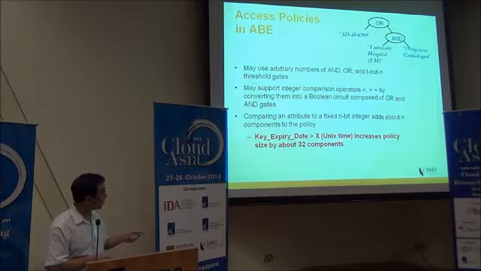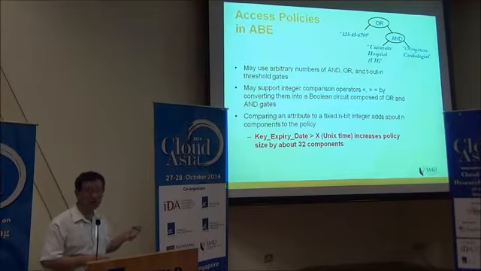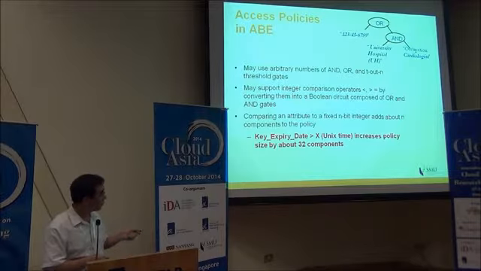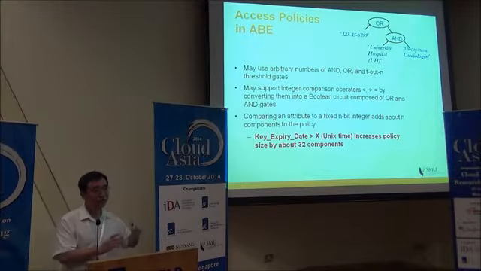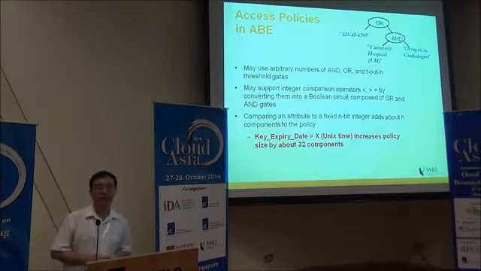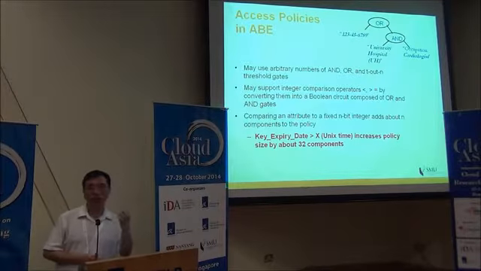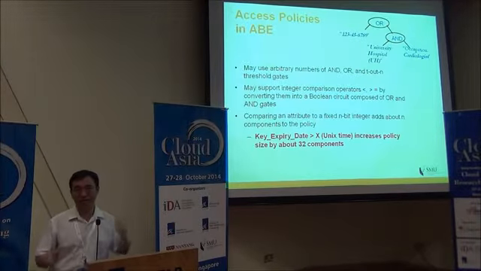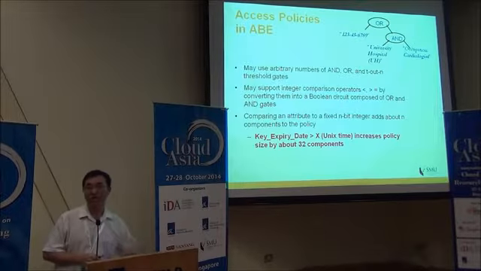Unix time is expressed in 32 bits, and if we support this, our tree will have an additional 32 nodes. So with 2 comparisons, larger than and less than, you will have an additional 64 nodes.